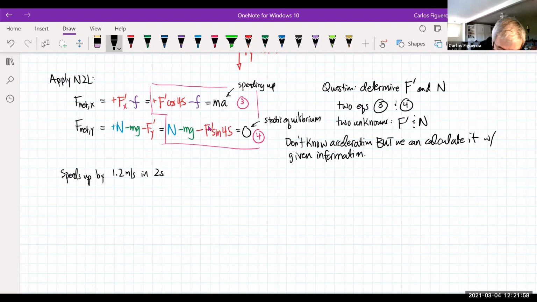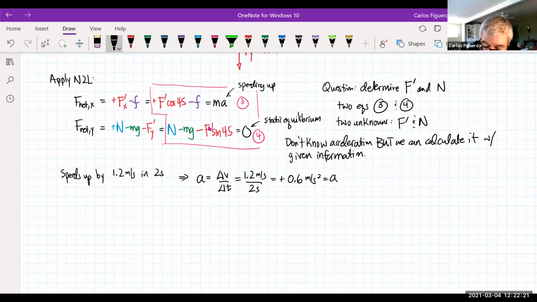Because of this, the acceleration is just the rate of change of velocity for that time. So it should be 1.2 meters per second over 2 seconds, which gives us positive 0.6 meters per second squared. So I do know the acceleration.